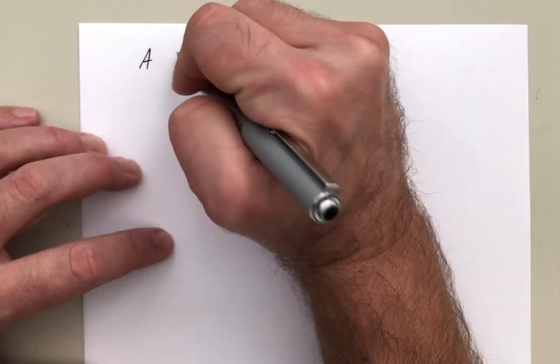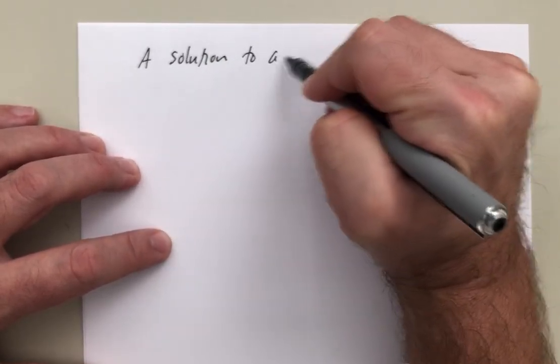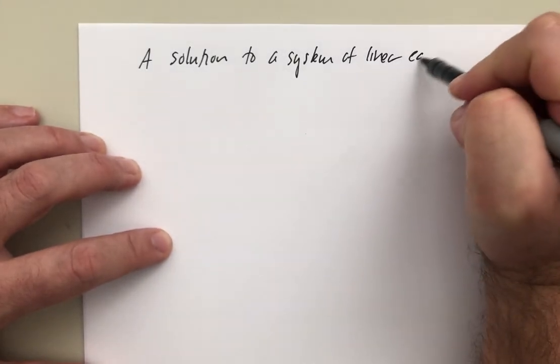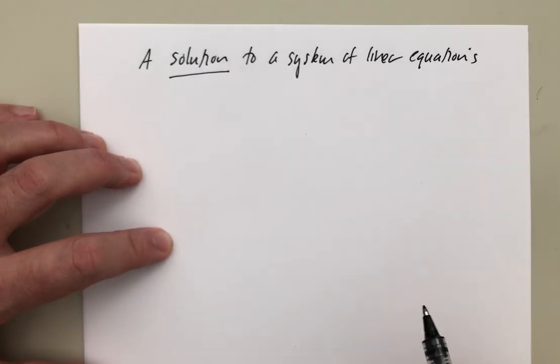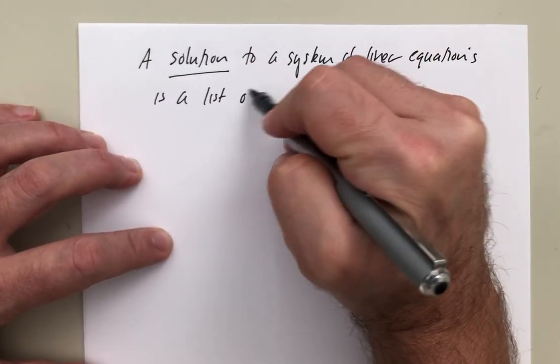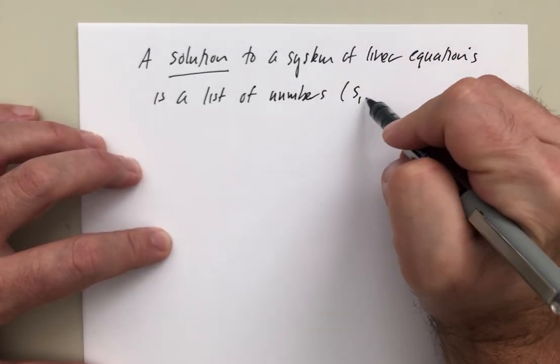Now, some important ideas that come along with this. A solution to a system of linear equations. That's the name of the game here, we want to solve these things. And what does it mean to give a solution? Well, this is going to be a list of numbers, and let me call the list S1 through Sn.